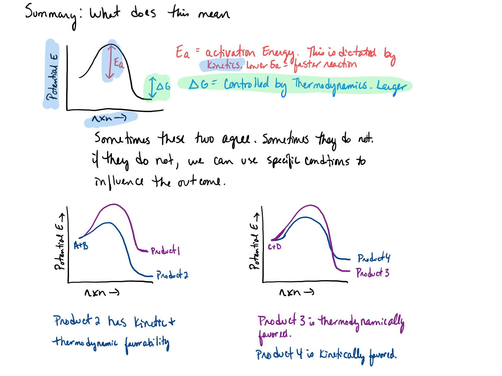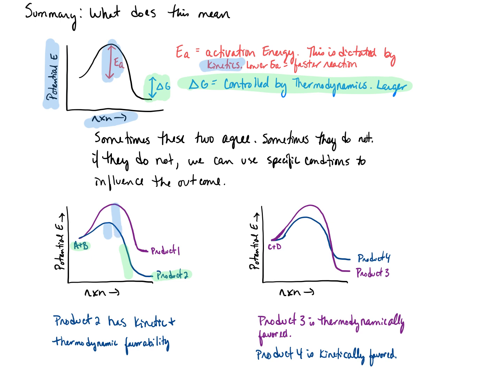So let's look at these two examples. Let's first consider the one on the left. Here I have A and B coming together. And we know that product 2 is lower overall energy, which means that the delta G here is quite substantial. So that's what delta G is going to look like. The activation energy for this one is smaller than what we would have for the other one.